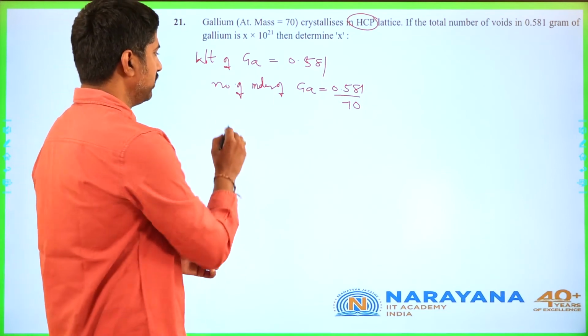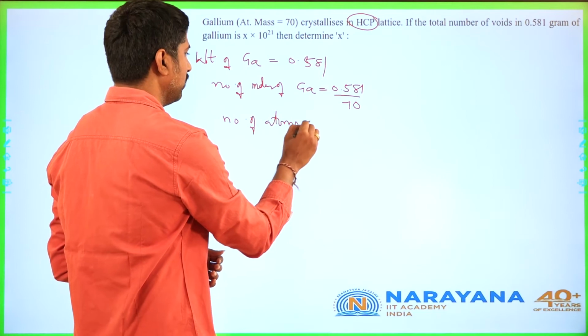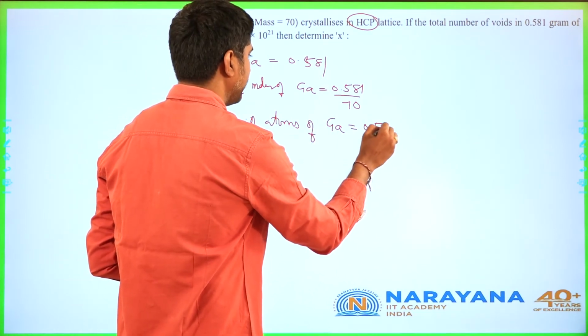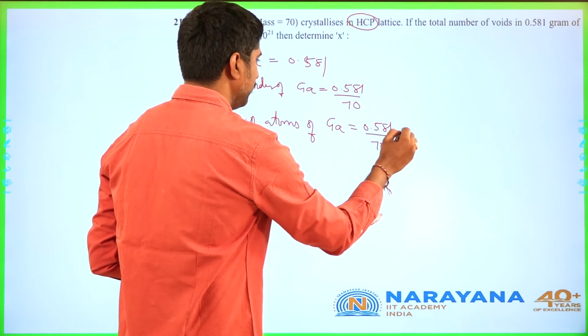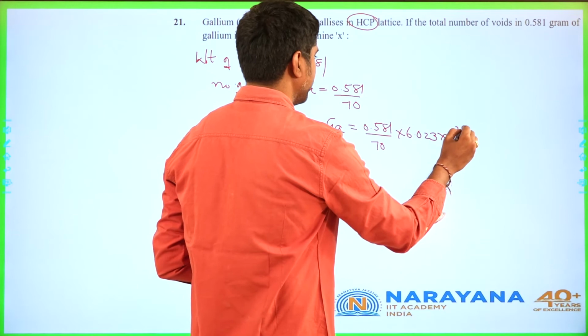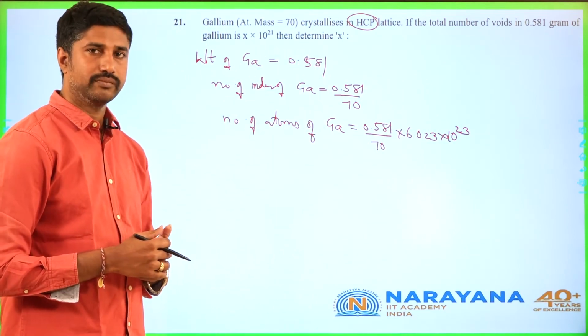Right. And then what is the number of atoms of gallium? Number of atoms of gallium is equal to 0.581 by 70 into 6.023 into 10 power 23. These are the number of atoms of gallium. Right.